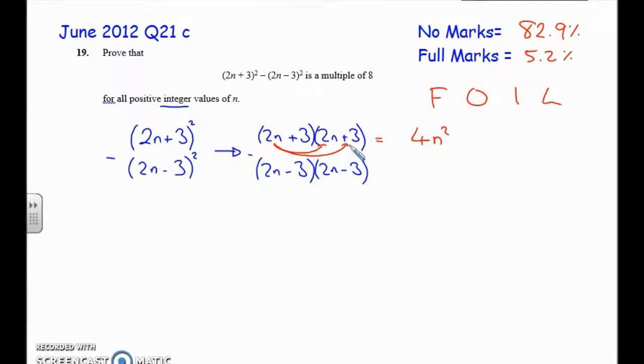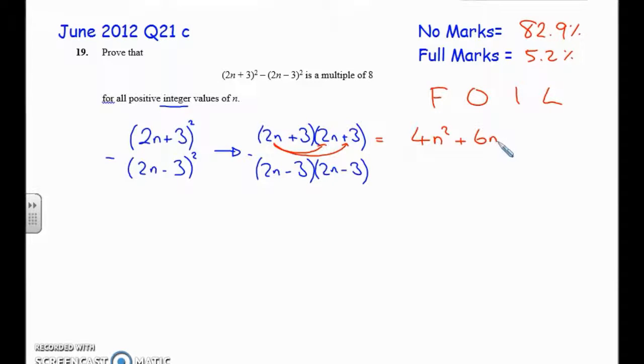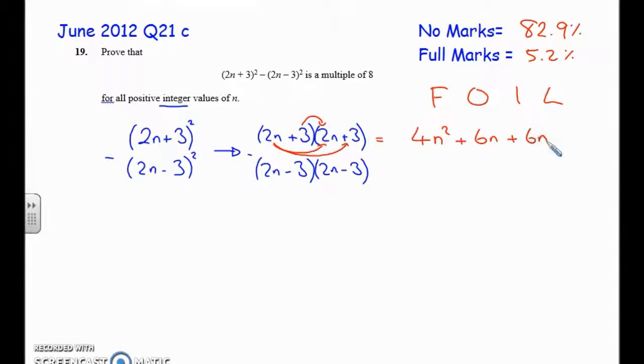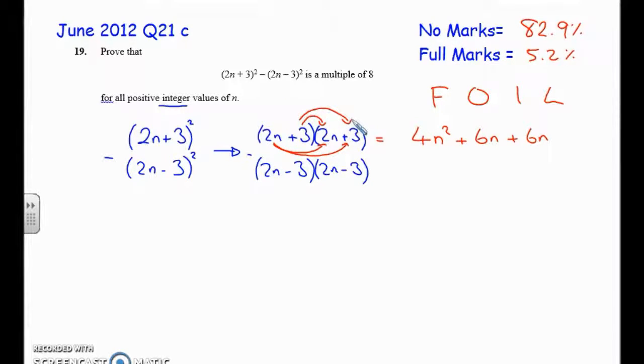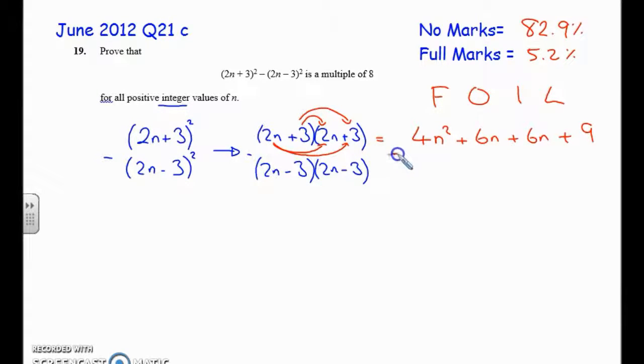So 3 times 2n is 6n. Inside these two terms here, so that's again going to be the same, so 6n. And the last one is the 3 times 3, the last two terms in each bracket. That's going to give me plus 9. And I'm going to subtract that. I'm going to keep it in the same format, so that's going to be subtracting.